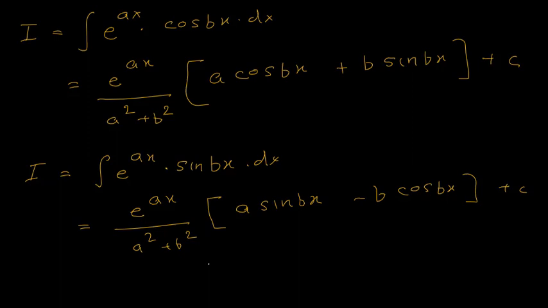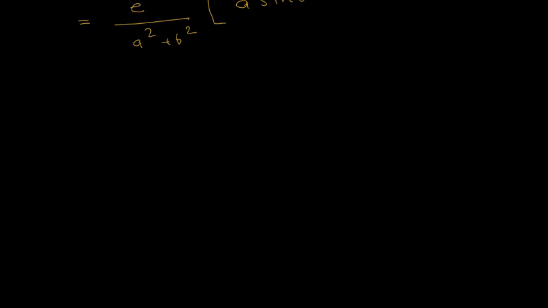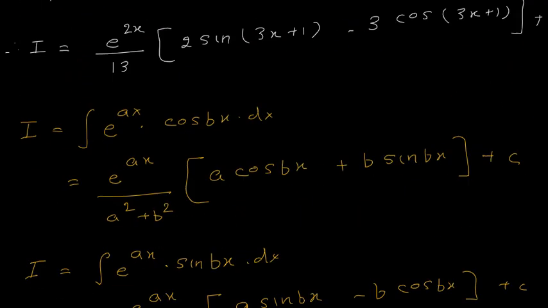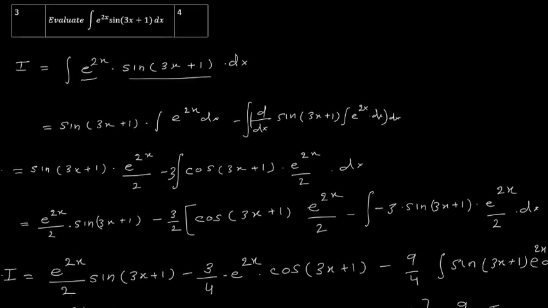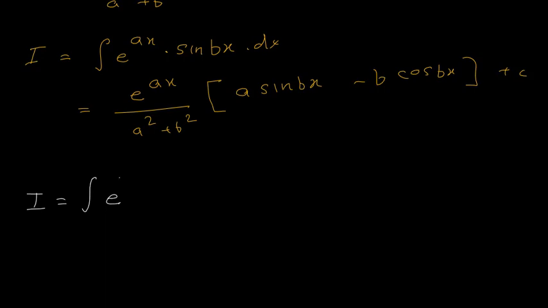Okay, so if I directly check my answer with the help of this formula, the problem which we discussed is I is equal to e power 2x into sin 3x plus 1.